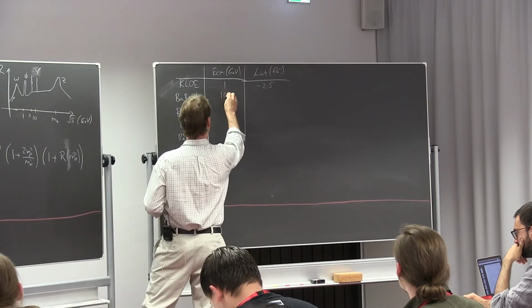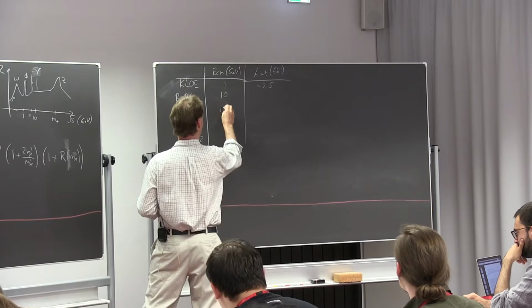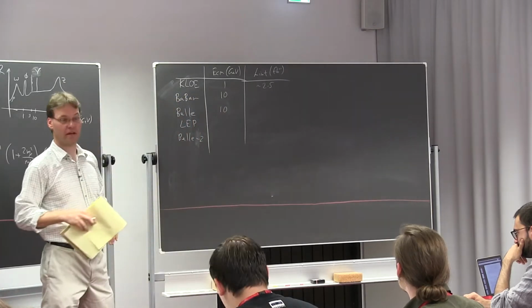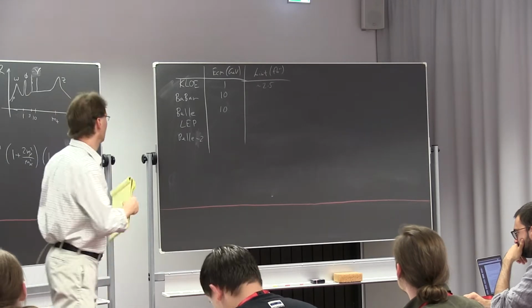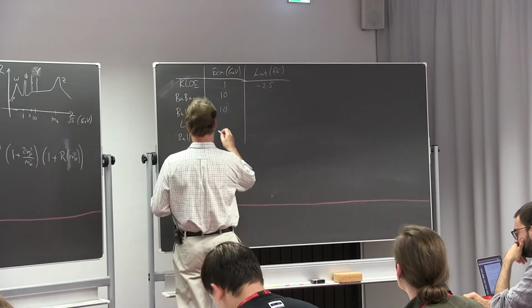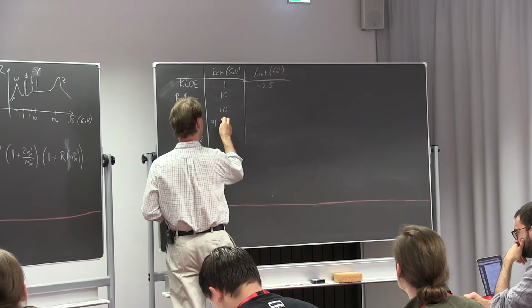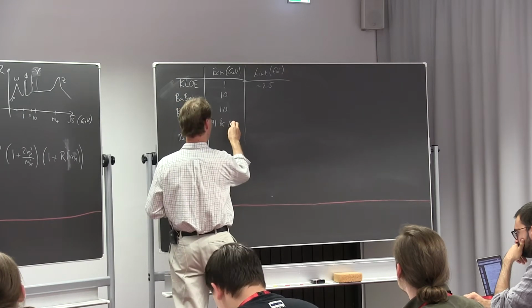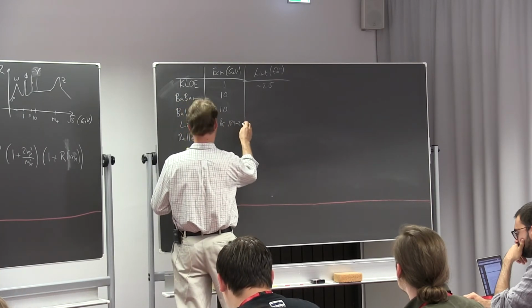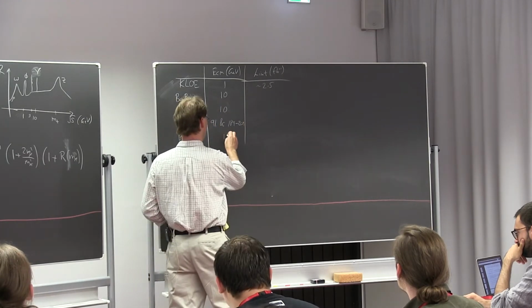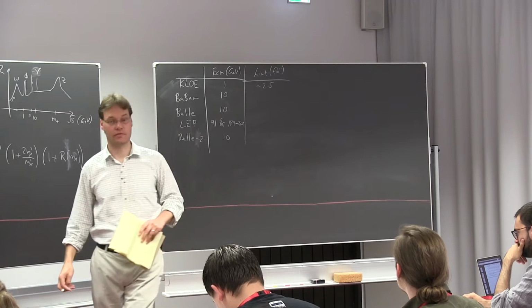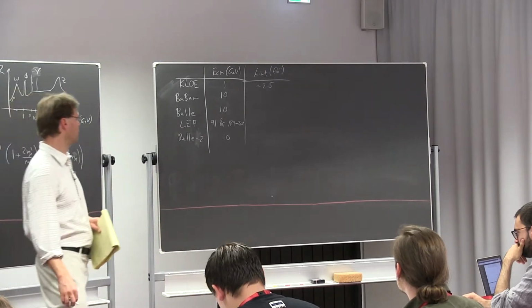BaBar was about 10 GeV. Belle was 10 GeV. So BaBar and Belle were B factories. KLOE was a phi factory, sitting on the phi resonance. LEP was 91 GeV, and then it also ran between 189 to 209 GeV. And then Belle 2 is again going to sit on the upsilon resonance to produce B mesons, and it's about 10 GeV.